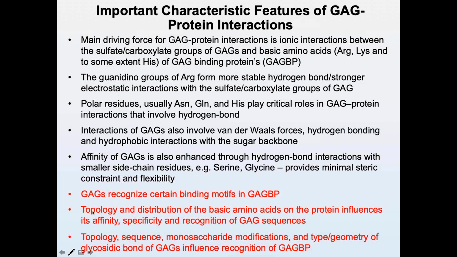The topology and distribution of the basic amino acids on the protein itself, the binding site, influences the specificity and recognition of GAG sequences. Also, in addition, the topology sequence, monosaccharide modification, the type of modification, and the type and geometry of the glycosidic bond also influence recognition of GAG binding protein.